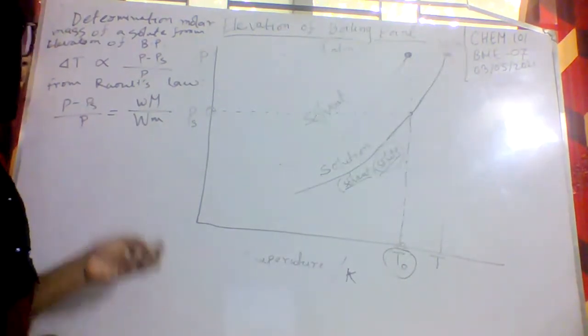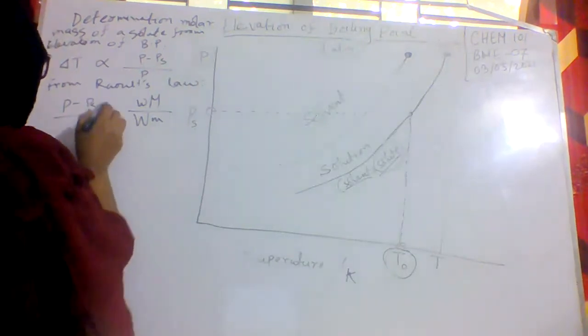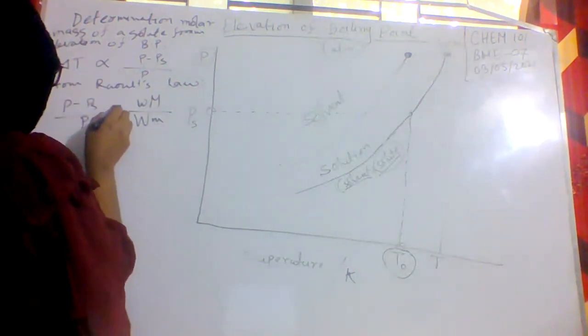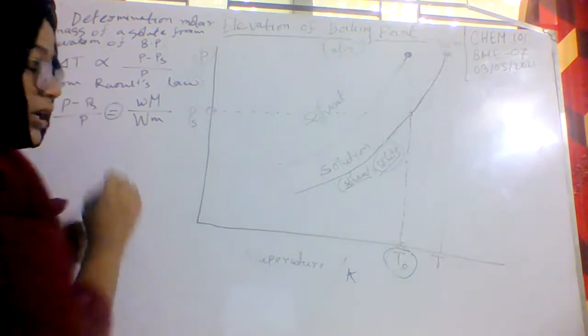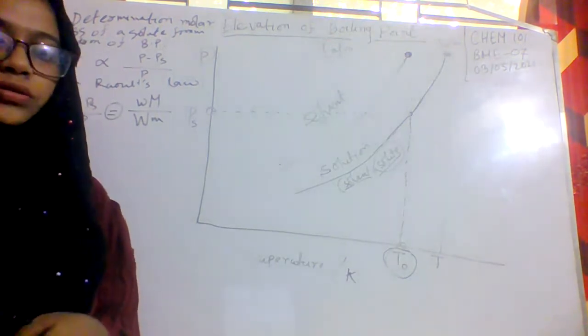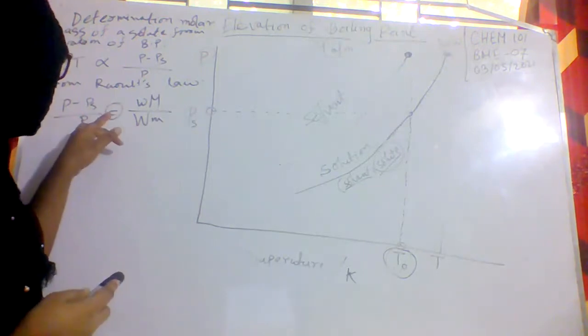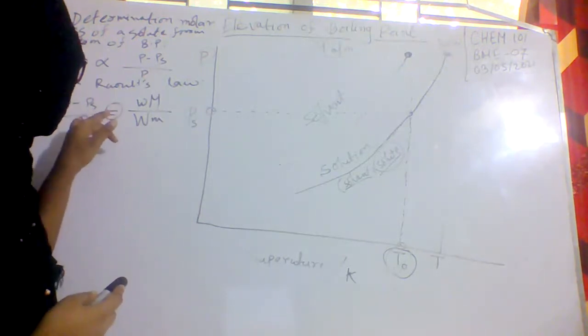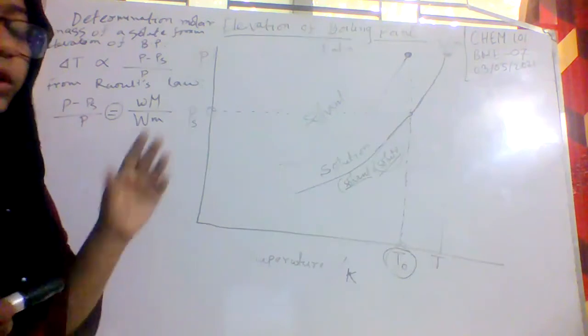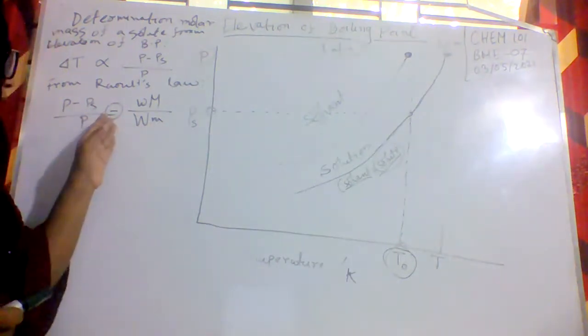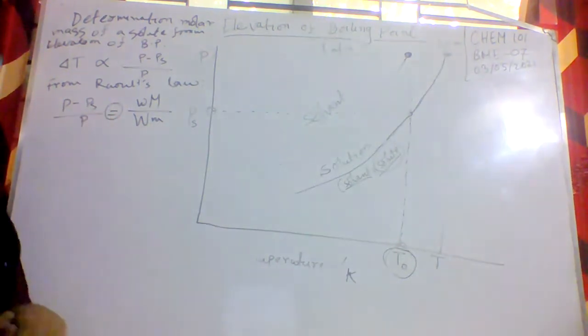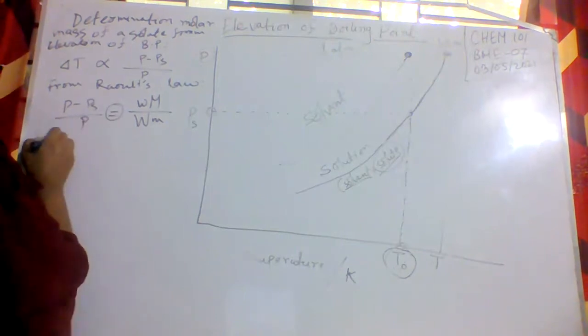In your book, you will get this equation as proportional, not equal, but it is not correct. In your reference book, there is a mistake: they have written proportional here in the case of an equal term. Just note it down.